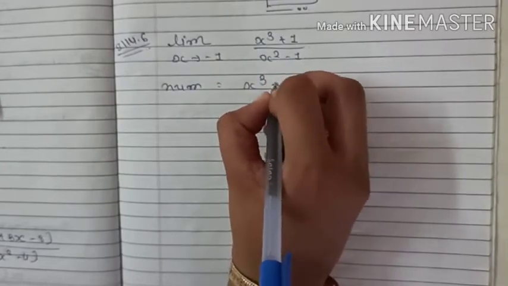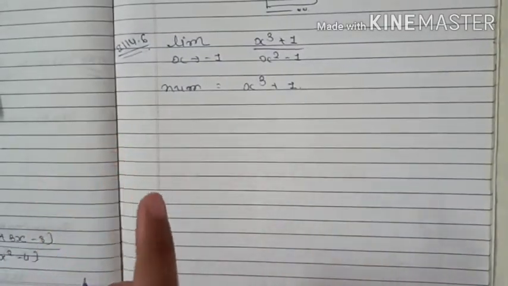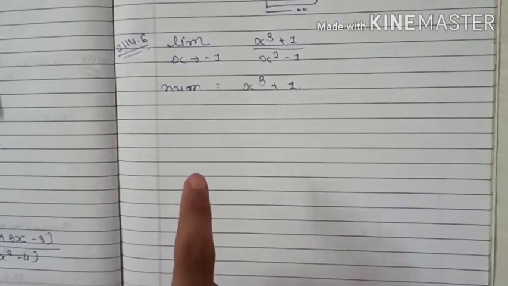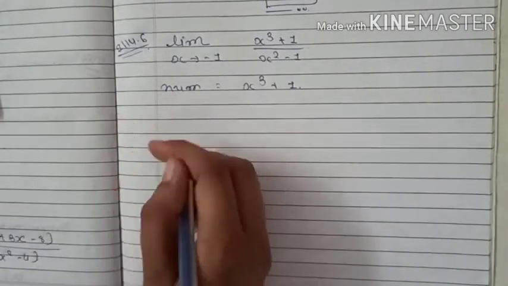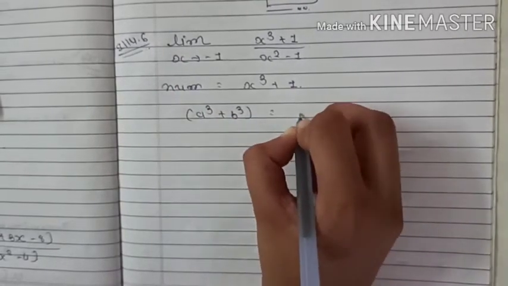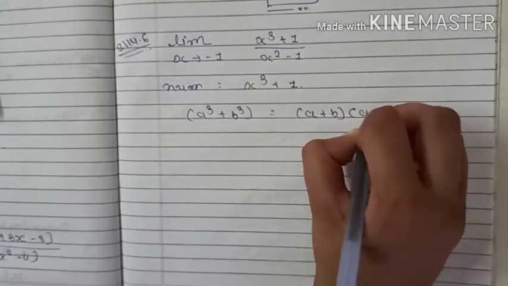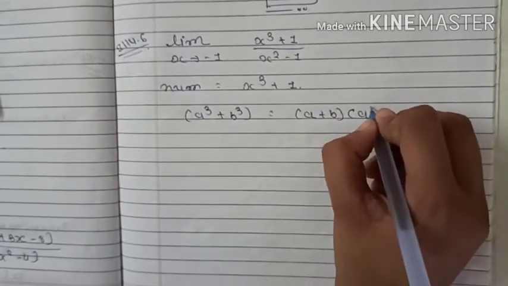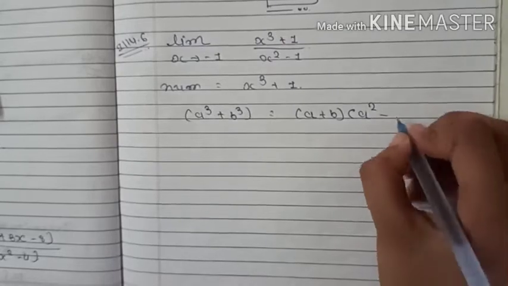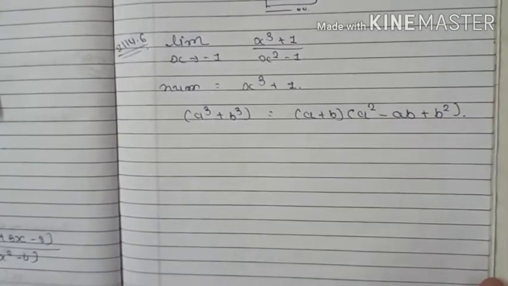Numerator is x cube plus 1. So here which factorization is applicable? For the cubic factorization, a cube plus b cube is equals to a plus b and a square minus ab plus b square.